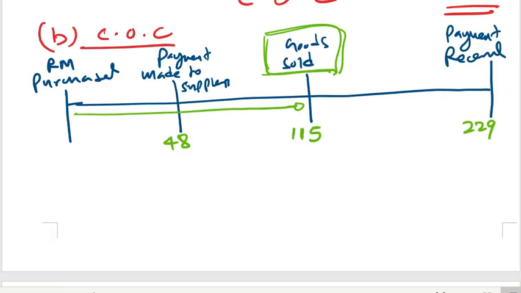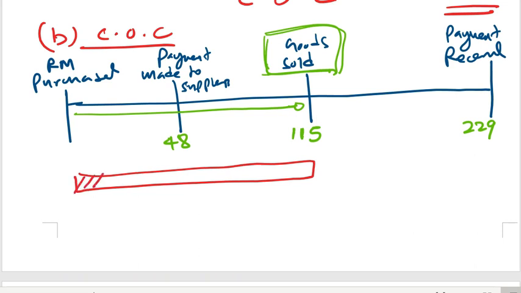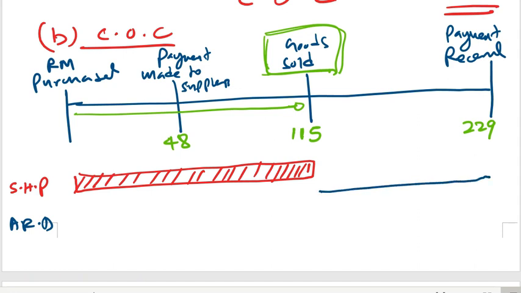So how many days your stocks are held? For 115 days. So this is your stock inventory holding period, 115 days. Then what about accounts receivable days? So that will be 114 days, this period.